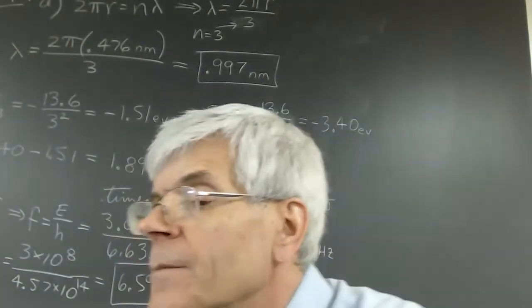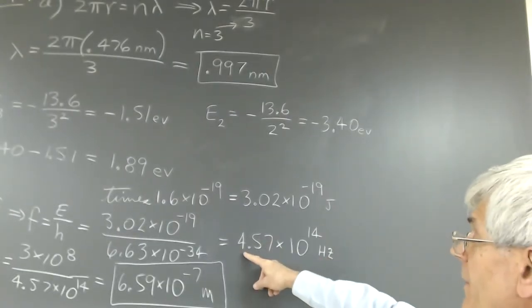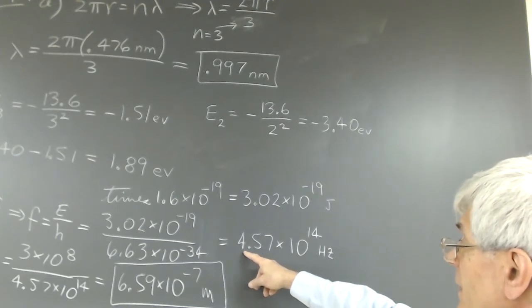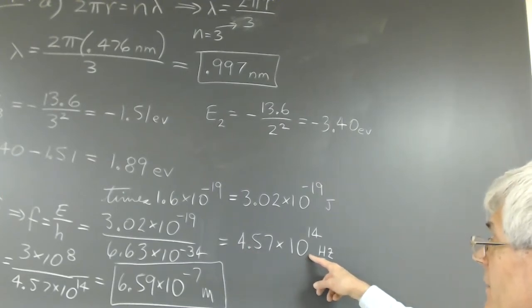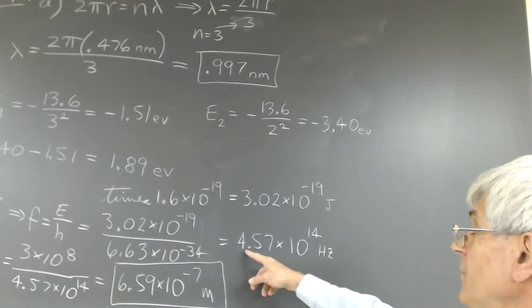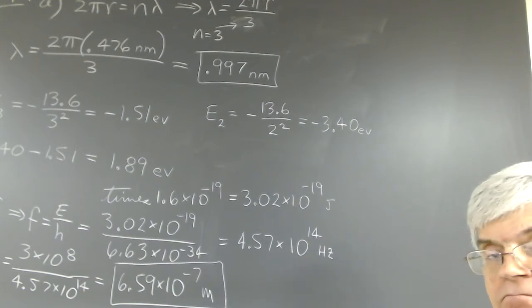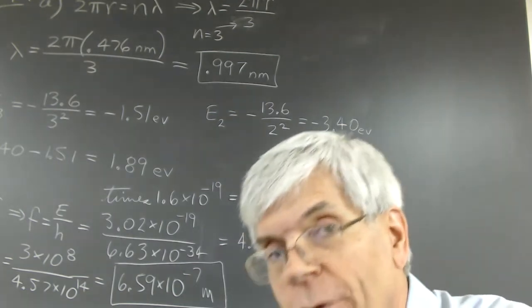So in this example I did back over here with hydrogen a while ago, this particular transition gives off a photon whose frequency is 4.57 times 10 to the 14th hertz. If along comes a photon that's 4.58 times 10 to the 14th hertz, no, sorry, that's not going to work.